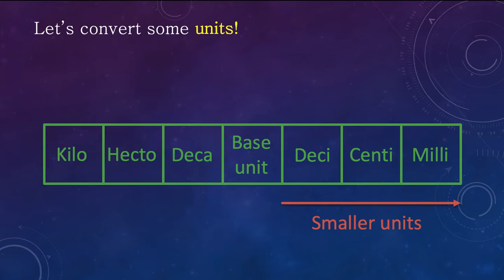And on the flip side of things, if we look on the left side of our diagram, that's where we're going to see our bigger units. So it's the opposite problem. If we want to measure a road, like a stretch of highway, we would normally do it in kilometers. We don't want to do it in millimeters, because that number would be gigantic.